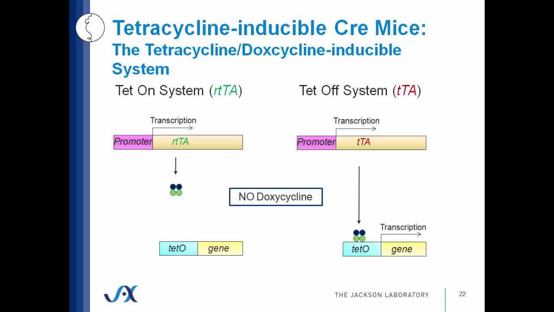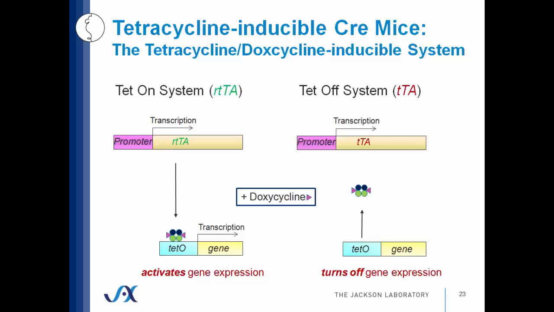So on the left side you have the TET-on system where you have your promoter of interest driving expression of RTTA. In the absence of doxycycline, that cannot bind to the TET operator and your gene is not turned on. On the right hand side is your TET-off system, same promoter driving transcription of TTA, that then can bind the TET operator and turn on transcription of your gene.